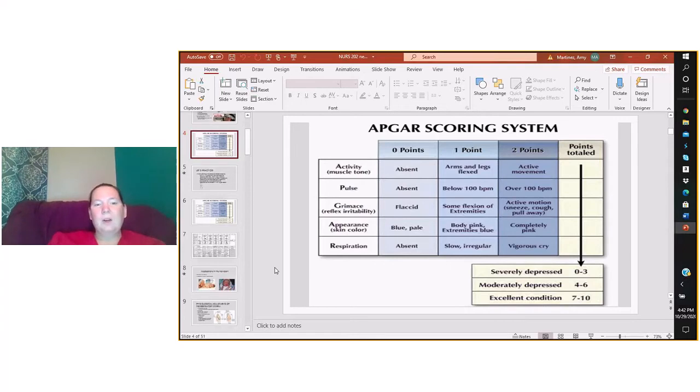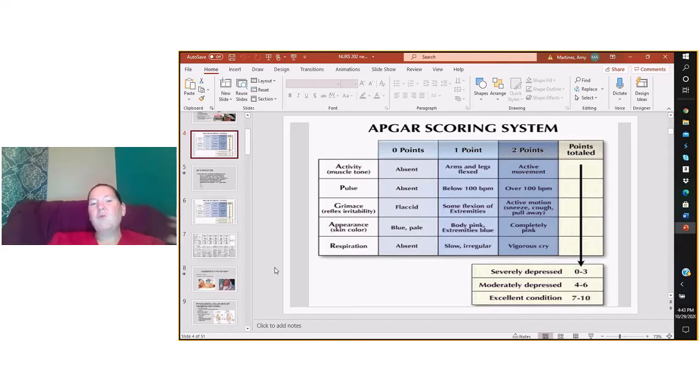So then we look at their response to stimulation, their grimace. If you go to suction their nares and they don't do anything, they just lay there, that gets them a big old fat 0. They are not responding to stimuli at all. Very concerning. If they have a grimace or if they kind of pull away, then they will get a 1.